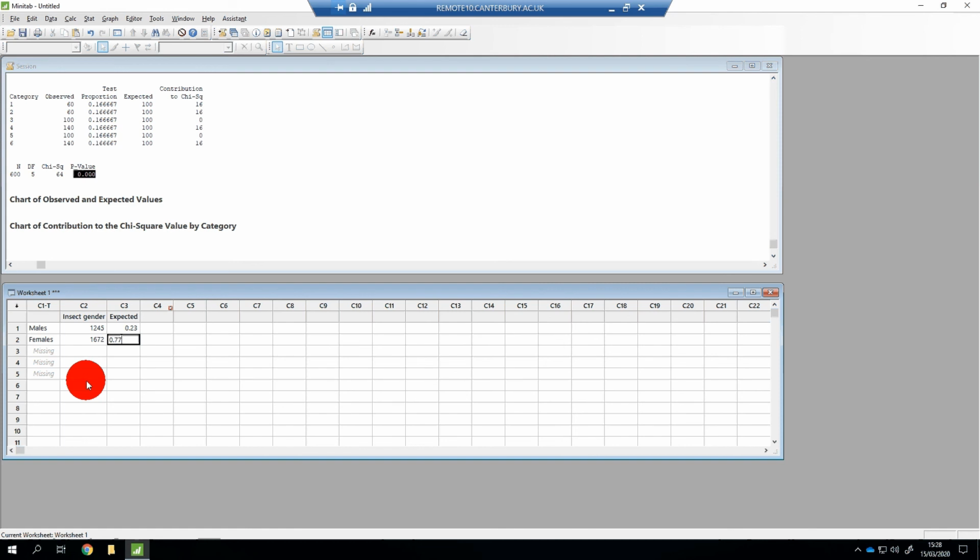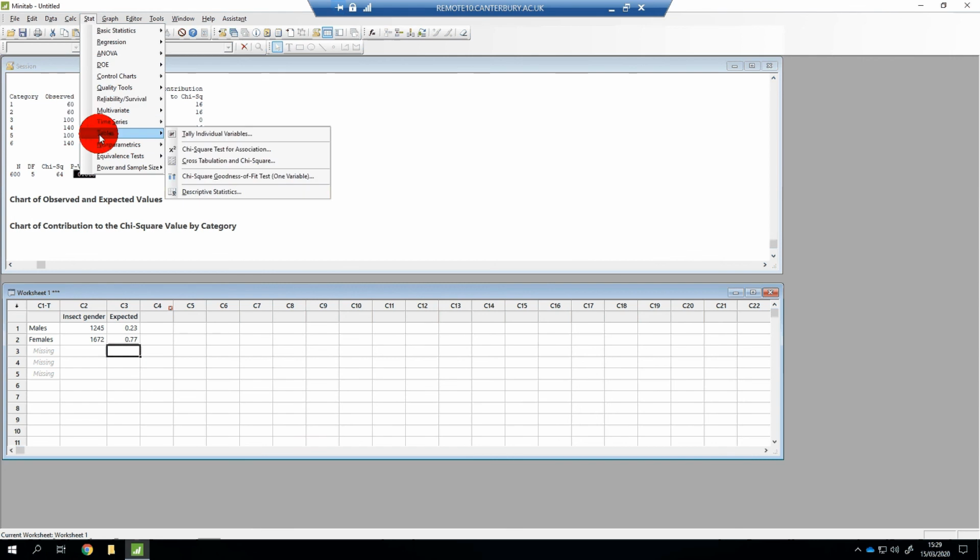So now I don't expect to get an even outcome, or the same number of responses for each category, but I have at least some idea of what I was expecting: 23% males, 77% females, and I've put that into my little spreadsheet here. Now, how would we test a goodness of fit test with these kind of expected outcomes? Well, I go into stat, tables, and then a chi-square goodness of fit test again.